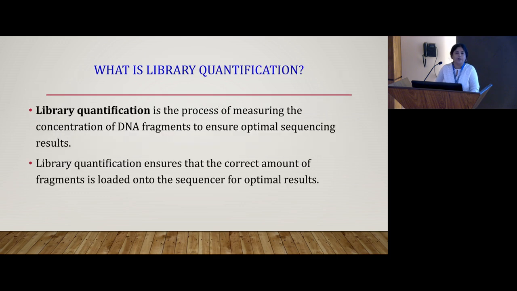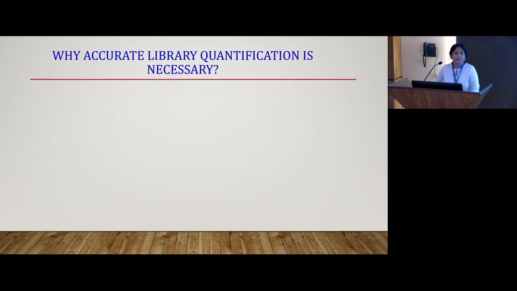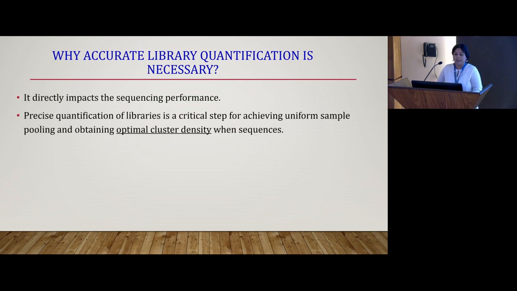What is library quantification? Library quantification is a process of measuring the concentration of DNA fragments to ensure optimal sequencing results. It ensures that the correct amount of fragment is loaded into the sequencer. And why is library quantification necessary? Accurate library concentration has a direct impact on the sequencing performance.